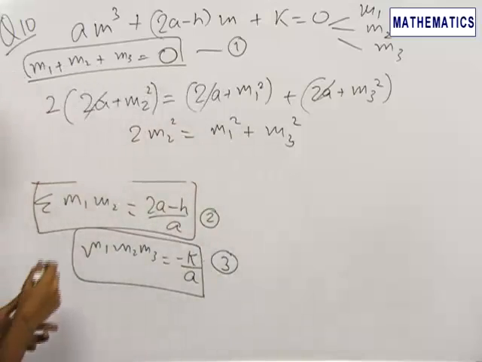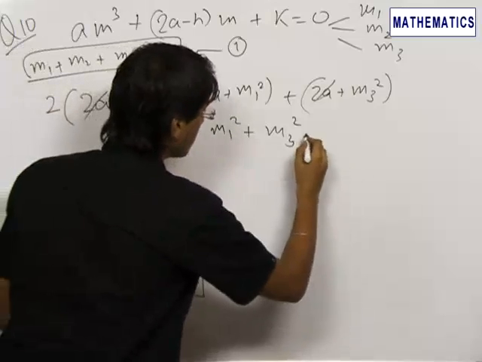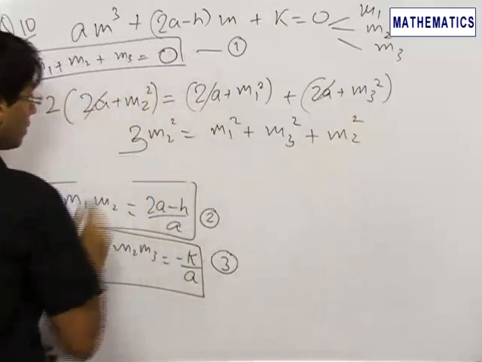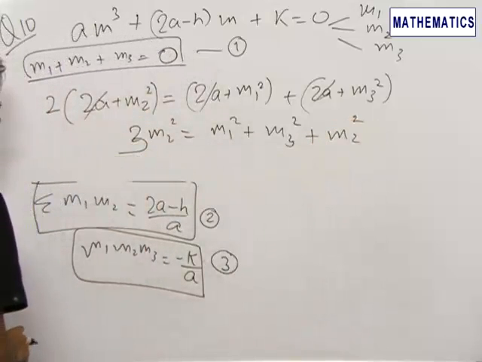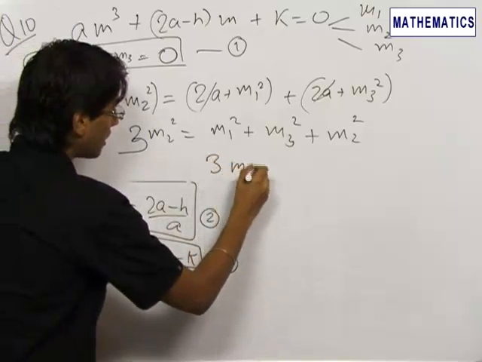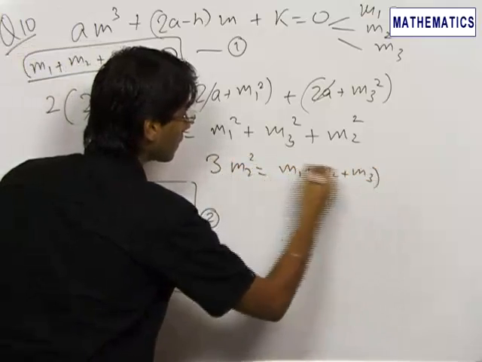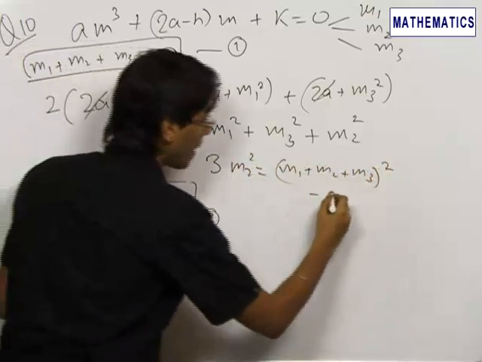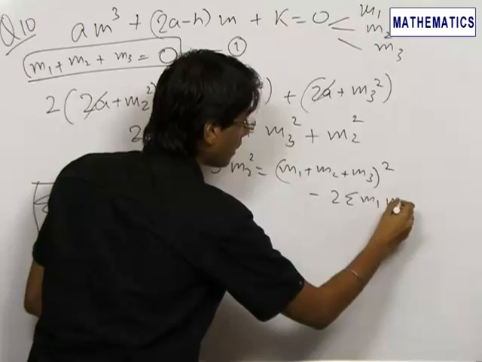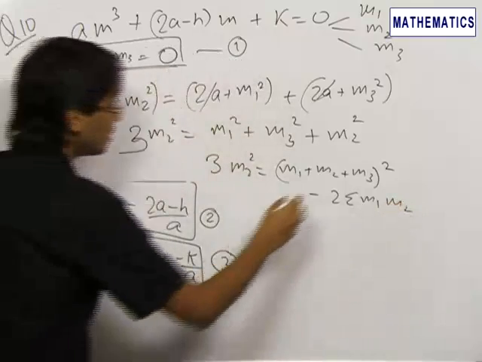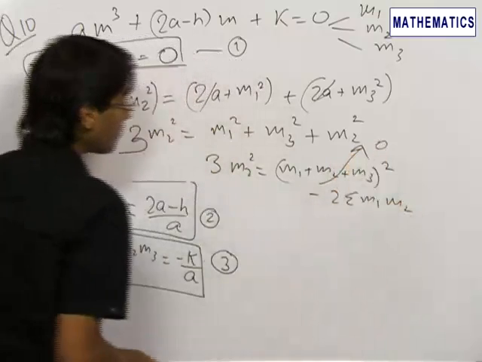Now what we can do is add m2 square both sides to get 3m2 square, and we can write this as m1 plus m2 plus m3 whole square minus 2 sigma m1 m2. We know that m1 plus m2 plus m3 is 0, hence this becomes 0.